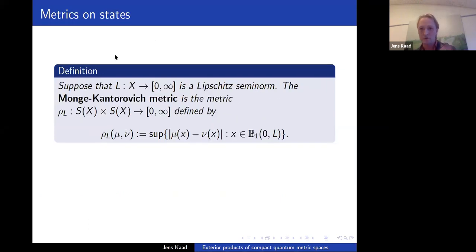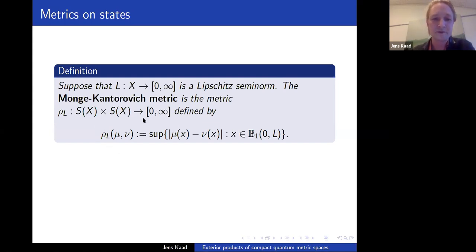So once you have such a Lipschitz seminorm, you can define a metric on the state space of your operator system. It's called the noncommutative metric. So I have to explain what it does to two states. Again, it can take the value infinity, but otherwise it satisfies all the usual properties of being a metric.